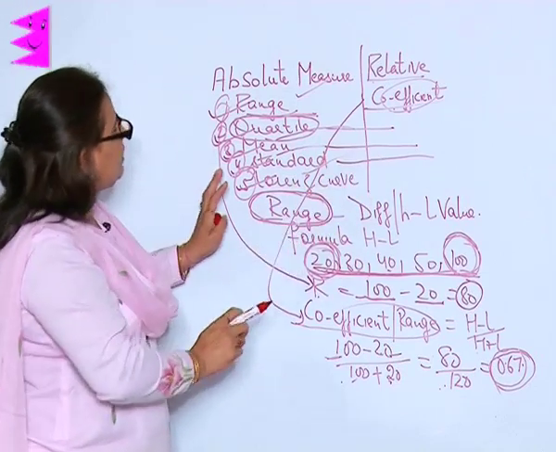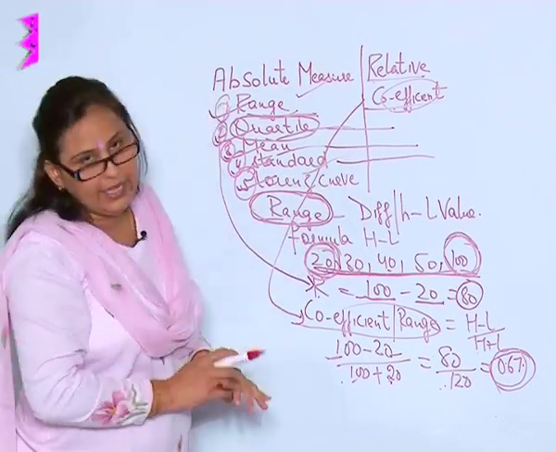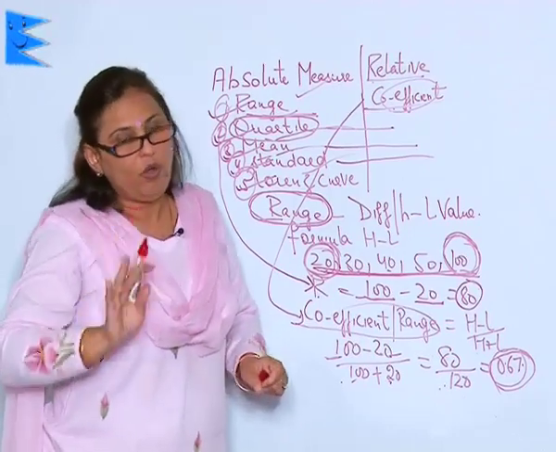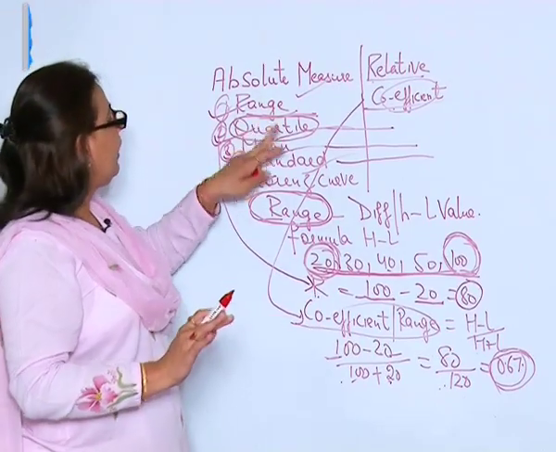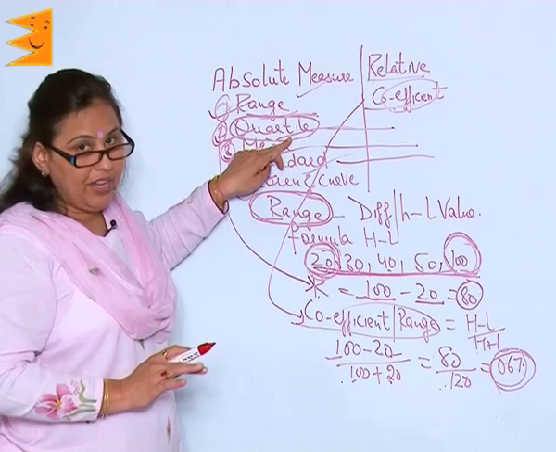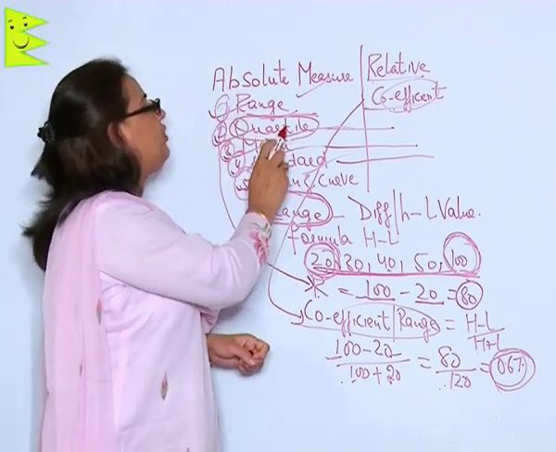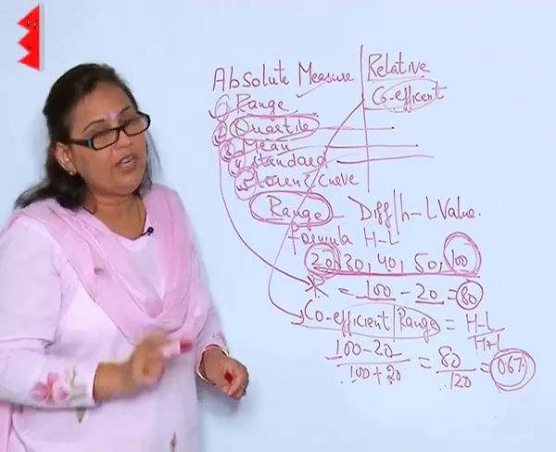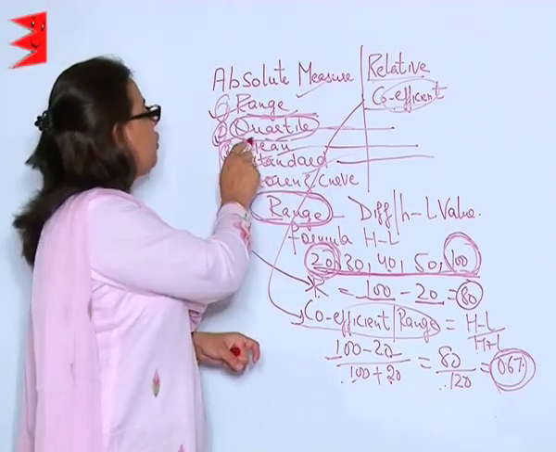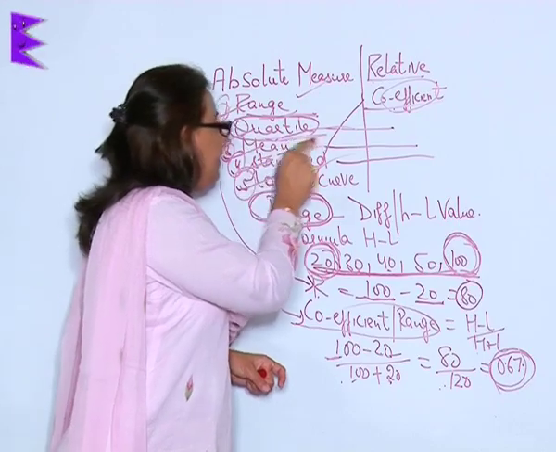Of course, the Lorenz curve is there only in the absolute measure of dispersion. In the next clipping, we are going to learn about the second method of measuring dispersion, which is called the quartile deviation.